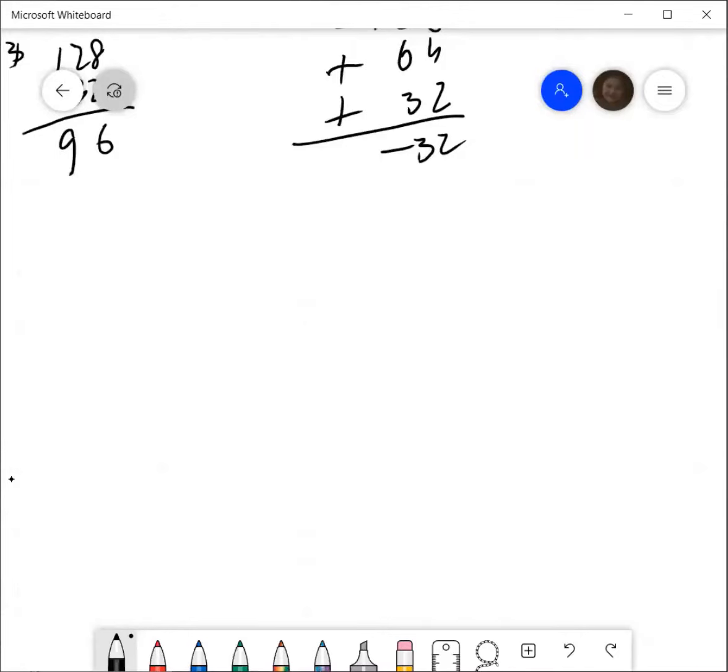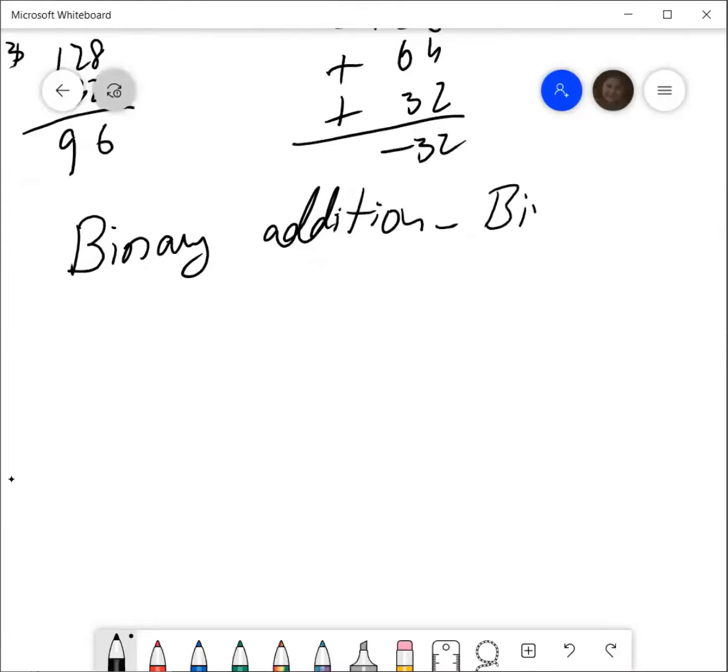But for going into addition, first of all, we need to understand binary addition. So today, basically, we are going to cover binary addition and binary subtraction. Now, how are we going to address it?